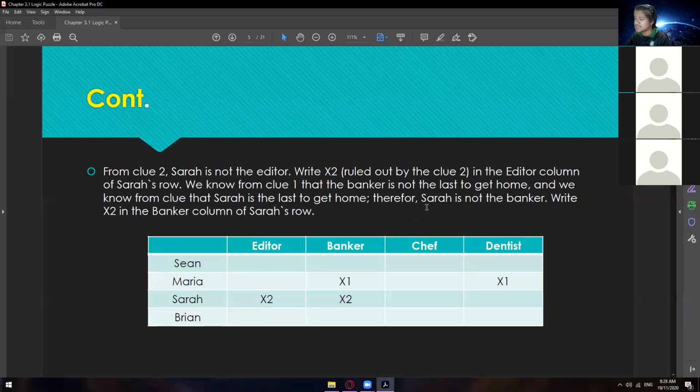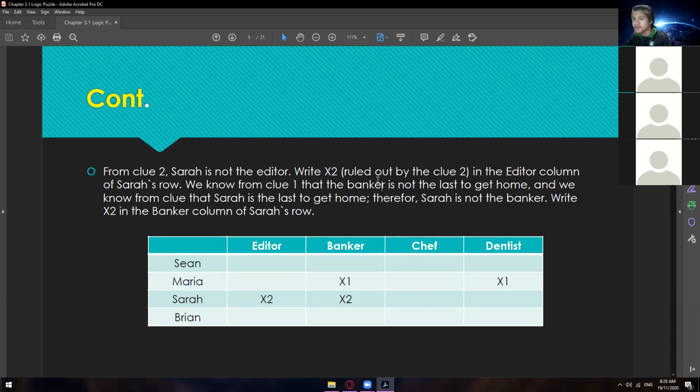Therefore, Sarah is not the banker. So write X2 in the banker column of Sarah's row. So from here, write another X2 below the banker and Sarah. Okay, since you already know that Sarah is not an editor nor a banker. So there's two possibilities. Sarah could be a chef or a dentist.